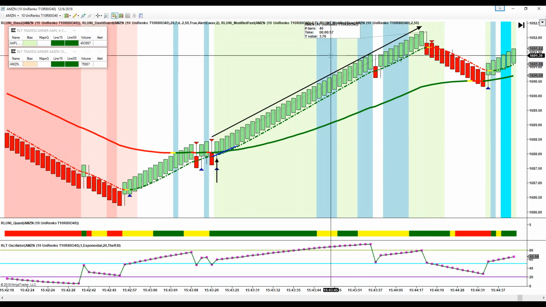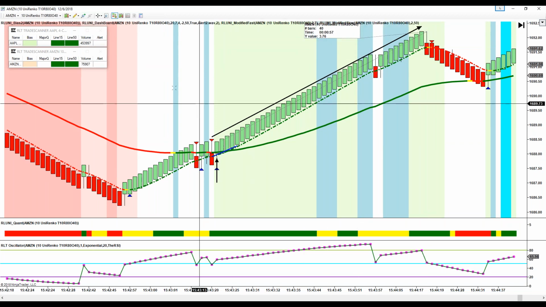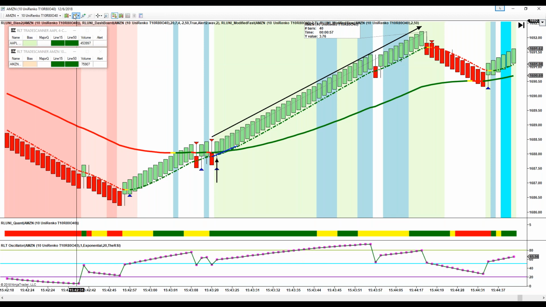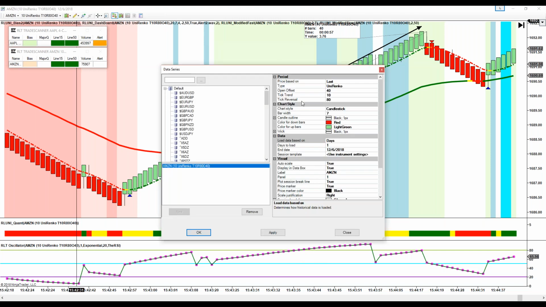Now, this is a $3.76 move. Your risk on this trade is 91 cents. So you're going to risk 91 cents, and the average winner is really big. You get 4 to 1, 5 to 1 easy on the risk to reward.